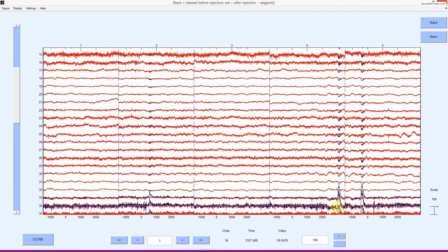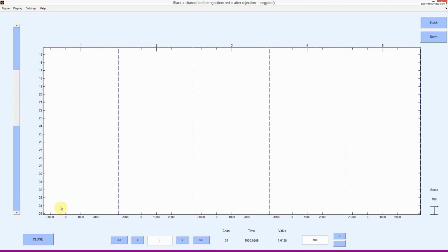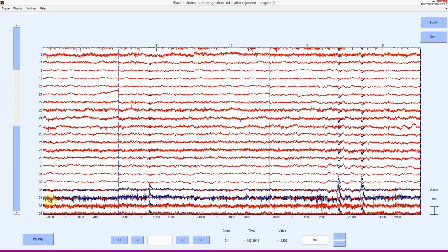The red line just goes right along. And I think this component number 12 that I had removed also got rid of some of this noise here. So now if you want, you could go back and only remove component 1, the eyeblink component, and not remove component 12, and then see if this decrease here really is due to the removal of component 12.